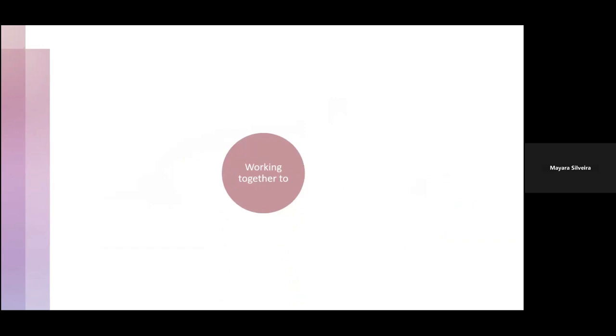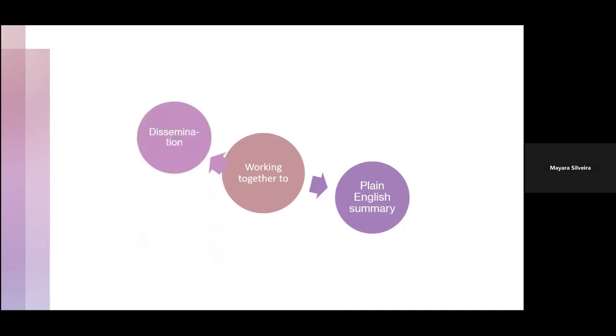So how did our PPI members work on the grant applications? We worked together, and we started quite small. We first focused on the things we were most comfortable with, which was looking at the language in our plain English summary. Is it appropriate? Is it focusing on everyone it should be focusing on? Is it inclusive language?